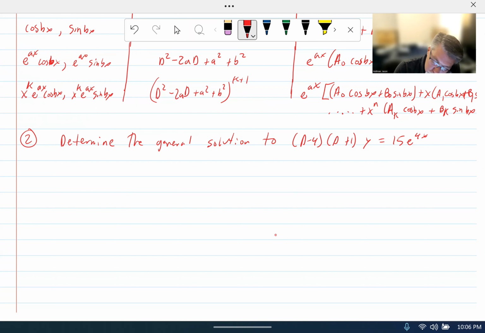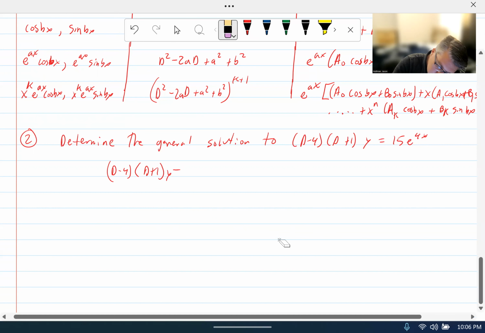Okay, so we first want to solve for the homogeneous equation. So (D - 4)(D + 1) of y is equal to 0.